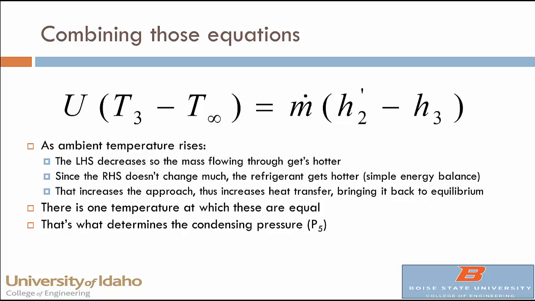And so to accommodate that, the refrigerant through the condenser must be a little hotter, right? Because there's less heat being removed. And so the refrigerant gets hotter. The T3 goes up, right? That increases the approach of the condenser, T3 minus T infinity, and thus increases the heat transfer.